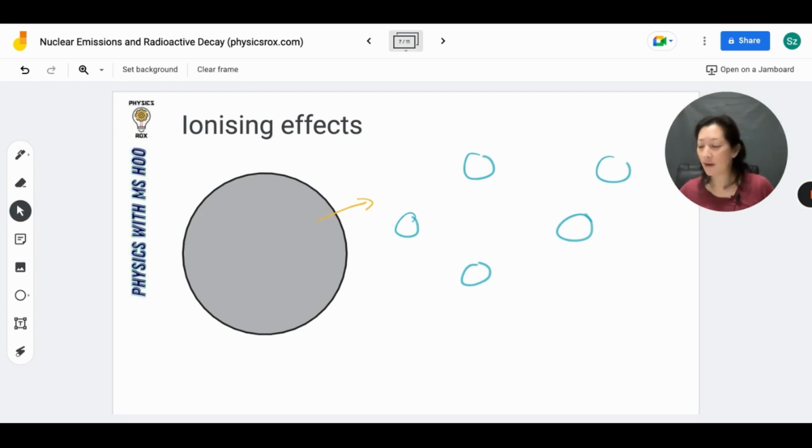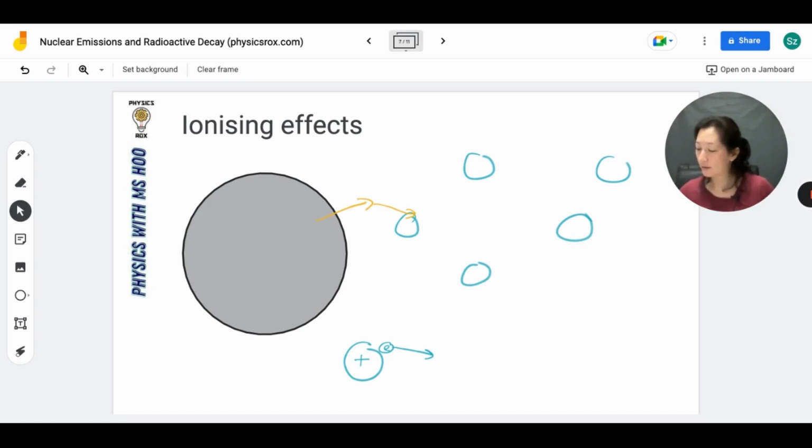As the radioactive radiation is being released, it's going to cause these air particles to become ions. How does it do that? It's going to physically knock out an electron or more from the shells. Let's recall, for the atom, we know there are electrons in the shells. If the atom loses an electron, it now has an unbalanced charge, and this becomes a positively charged ion. So that's how an ion could be formed.